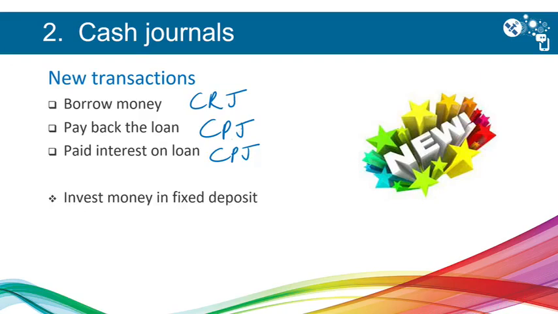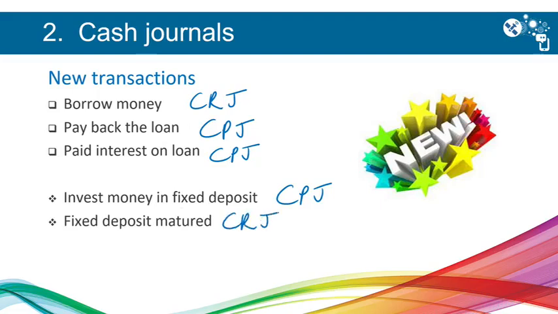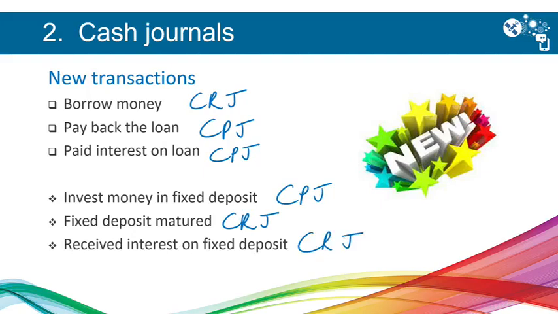Fixed deposit, we invest money. We take money out of our bank account and we put it in a fixed deposit, CPJ. At some stage, that fixed deposit will mature. Then we're going to receive that money together with interest, also in the CRJ.